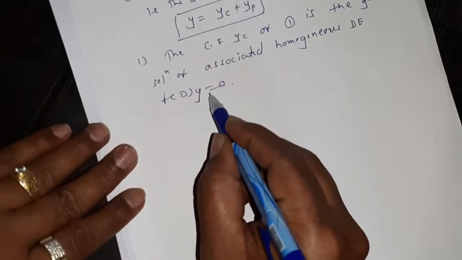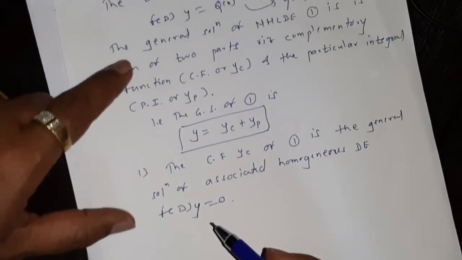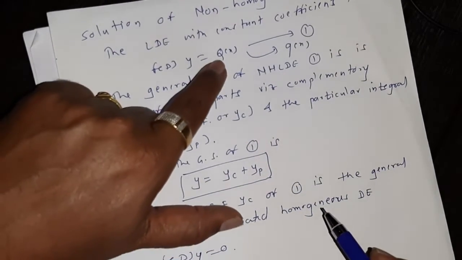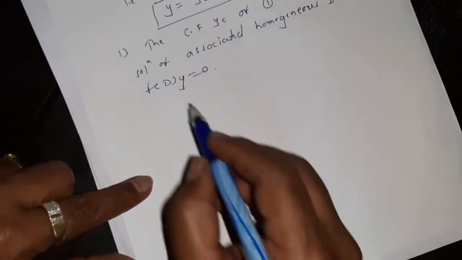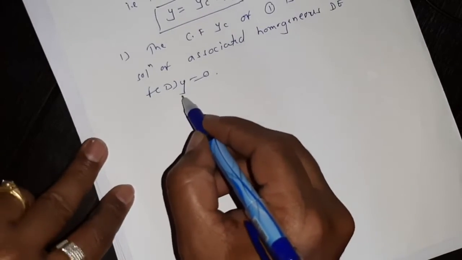How can we obtain this associated homogeneous differential equation? Just replace Q(x) with 0.